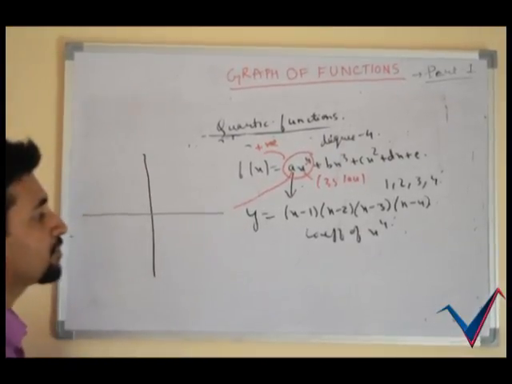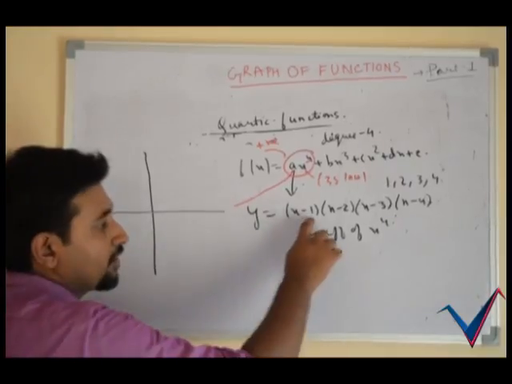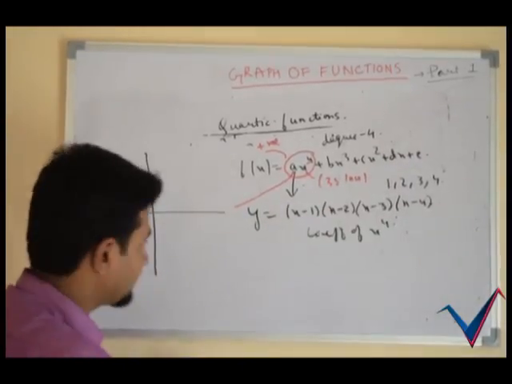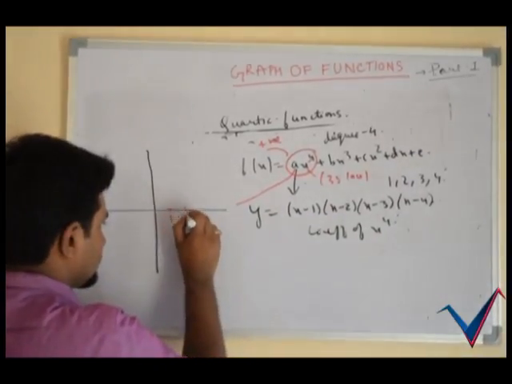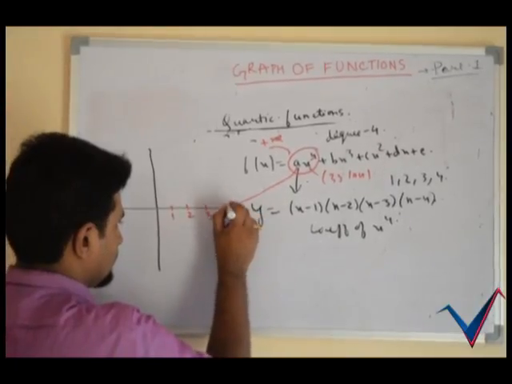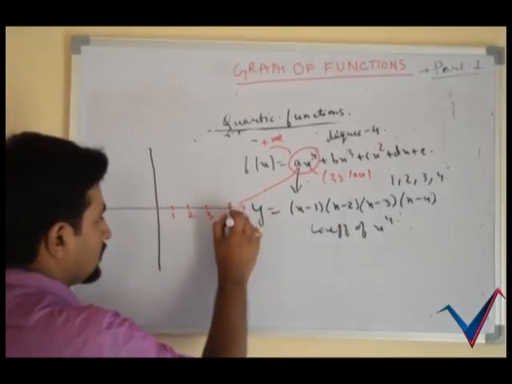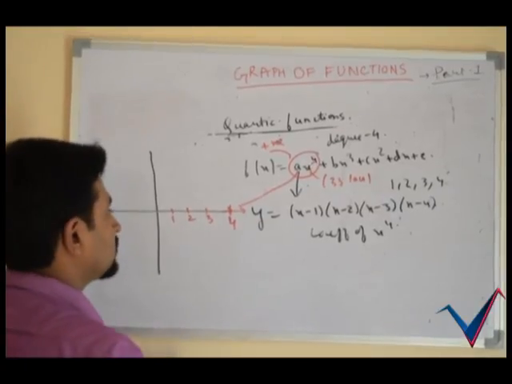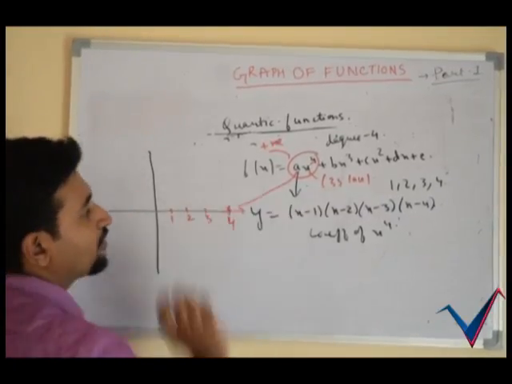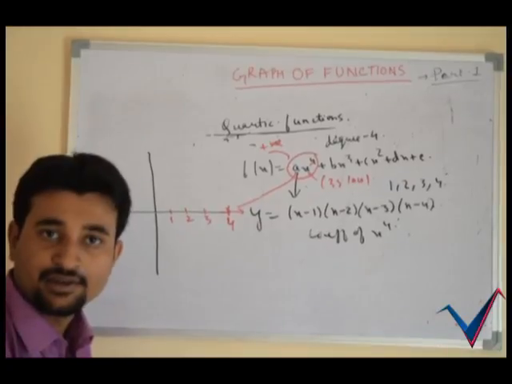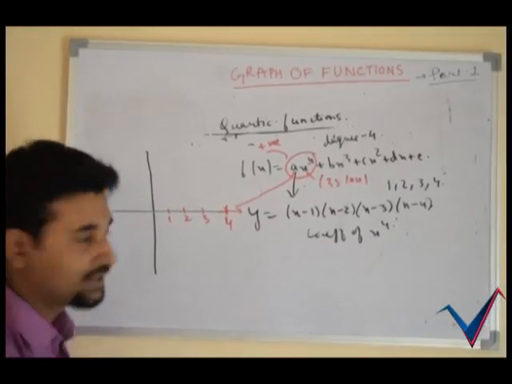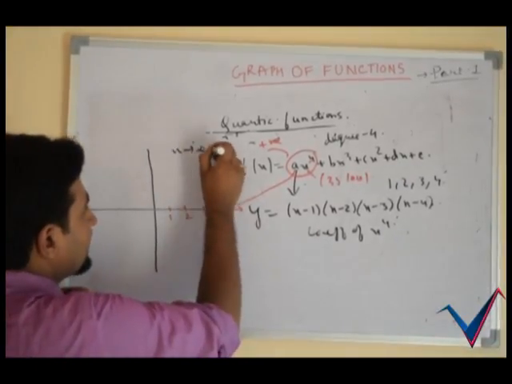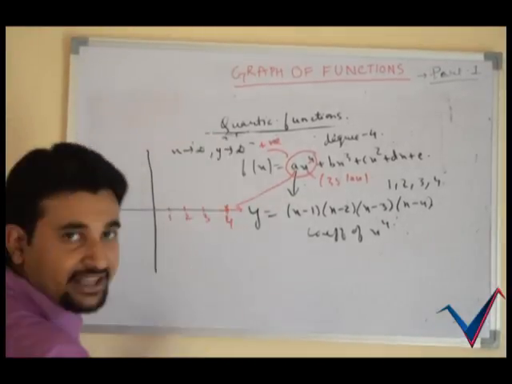First of all, just plot here 4 points: 1, 2, 3 and 4. Here the coefficient of x to the power 4 is positive. So when x tends to infinity, y will also tend to infinity.